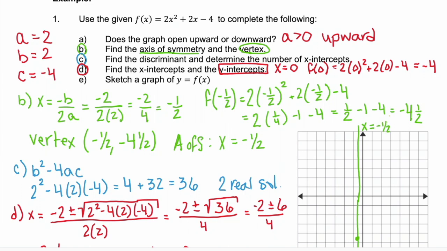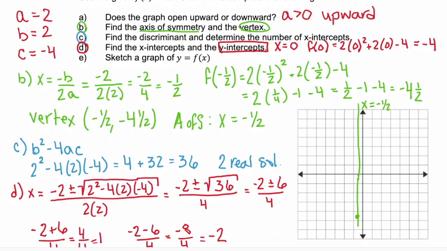Now in part D, we found a few other points. The last point we found was 0, negative 4, our y-intercept. We can plot that. So here's our y-intercept, 0, negative 4.